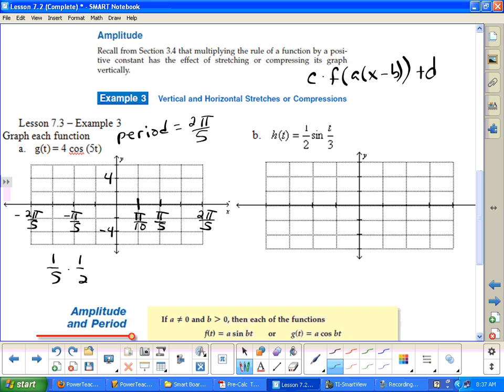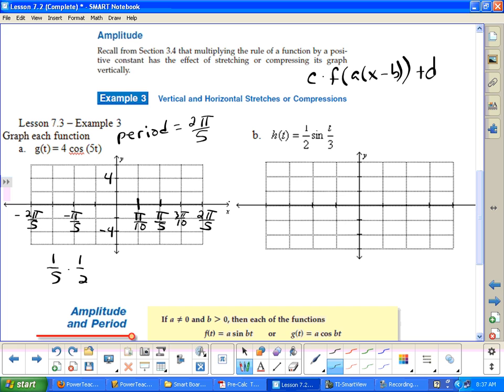So here's what I expect with your graphing. Okay, I expect you'll be graphing normally one cycle. Okay, and then I expect you to label these 4 spots here. So I have pi over 10. So I have 1/10, 2/10, right? So the next one would be 3/10, so 3 pi over 10. And then 2 pi over 5 would be 4/10.